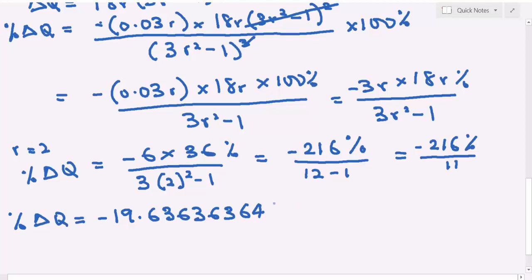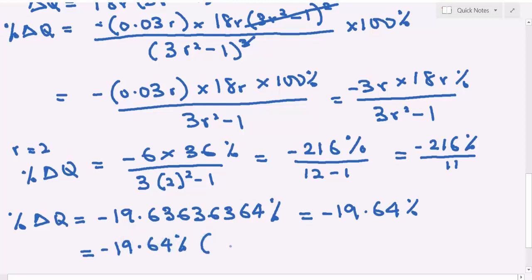I'm using a 10-digit calculator. So this will give us minus 19.64%. This is to 2 decimal places. And that is our answer.